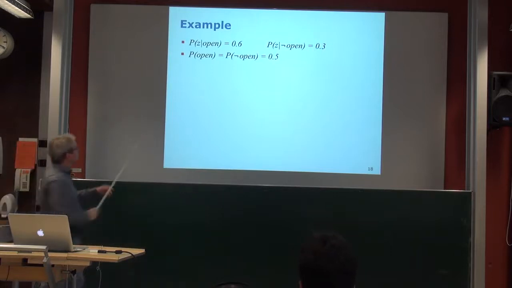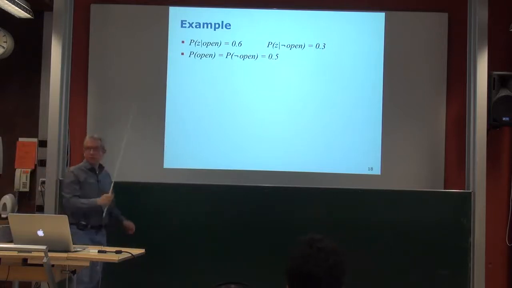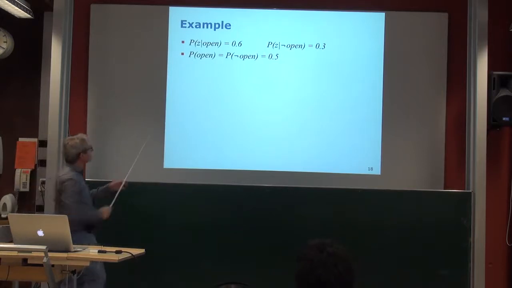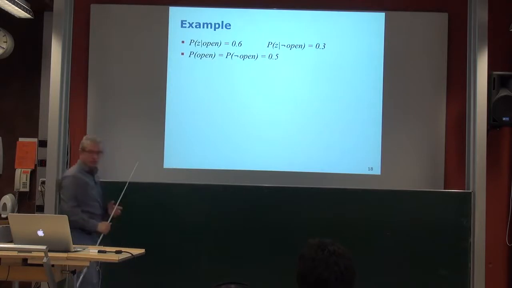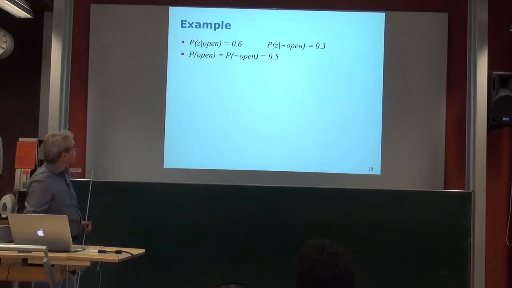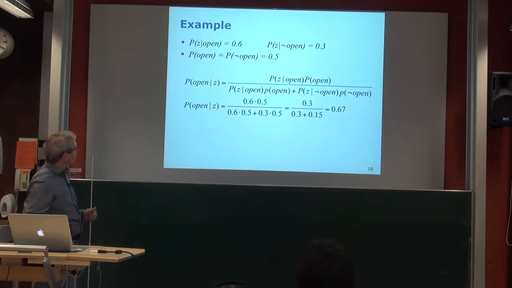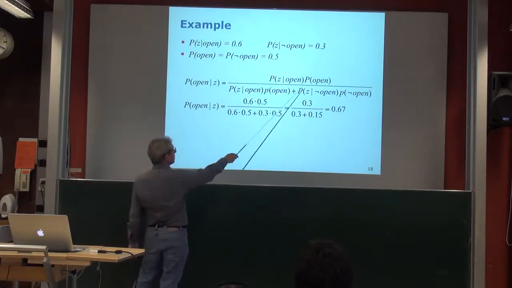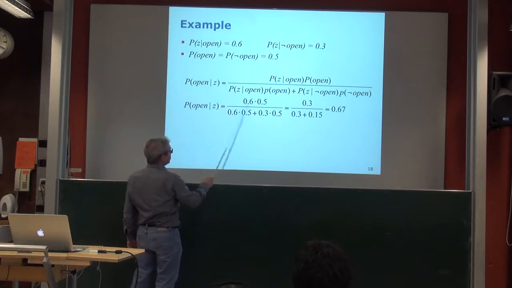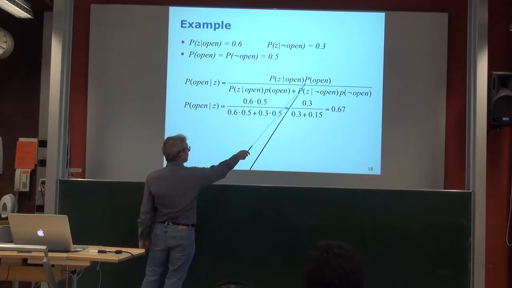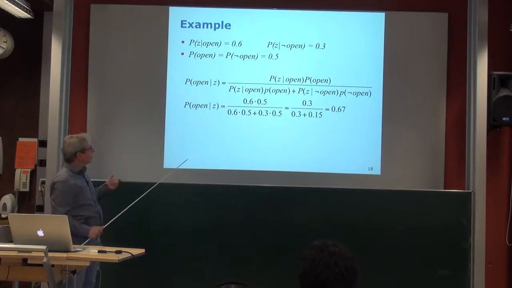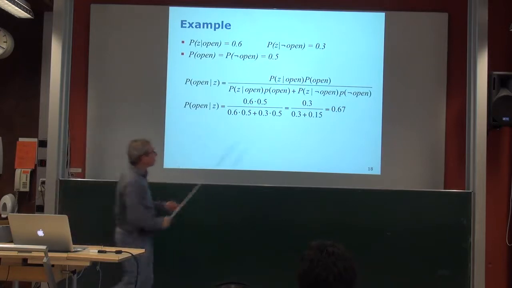And we know, if you have no other information about the state of the door, let's assume this is uniform, like both states of the door have 0.5, then we do not need to do anything else but P of open given z equals P of z given open times P of open. And we know that P of z is the sum over all these cases up there, which is P of z given open times P of open plus P of z given closed times P of closed.